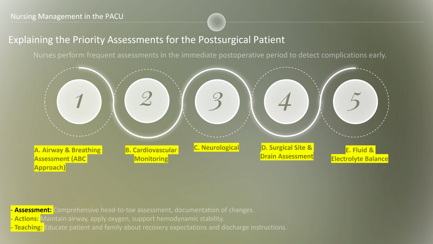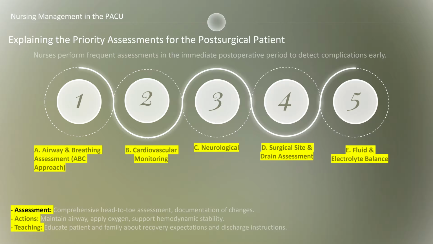Evaluate the level of consciousness using the Glasgow Coma Scale. Assess for delayed anesthesia recovery, like confusion, slow wake up. Check also for pain levels and response to medication. Response to medication means evaluate the outcome. Again, whatever we give, is it effective, yes or no, and how.